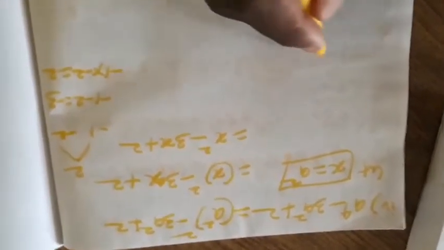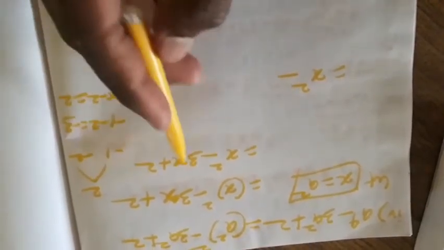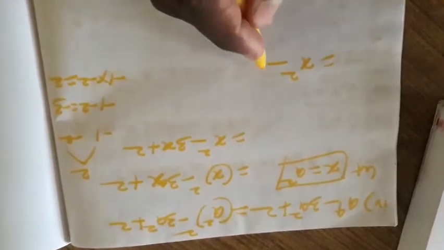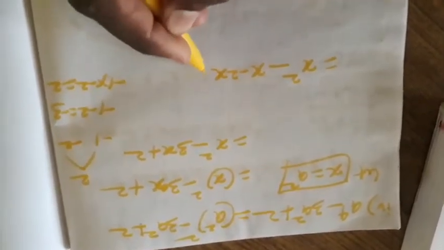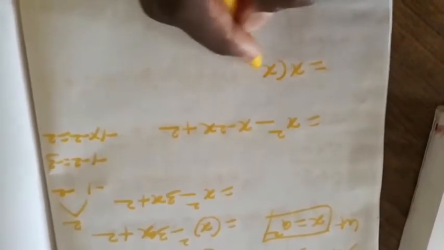Therefore we can write x square, and split minus 3x as minus x minus 2x plus 2. In the first two terms, x is common; taking it out, the remaining is x minus 1.